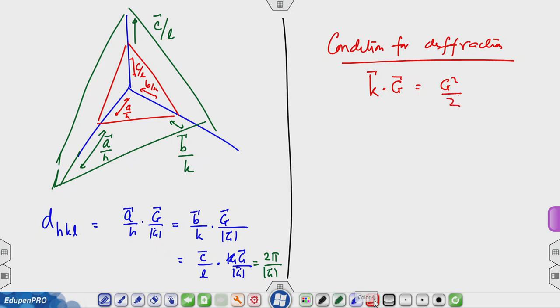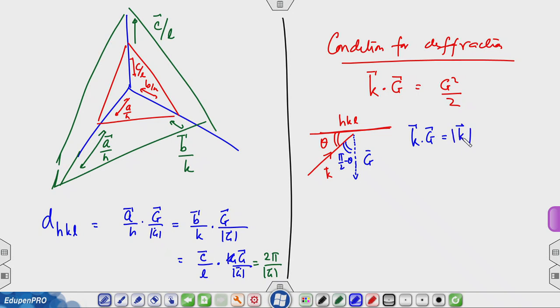If I am looking at a plane and k is at an angle theta from that plane, so this is my HKL plane, then G is perpendicular to it. This is pi by 2 minus theta, and therefore, k dot G is equal to mod k mod G sine of theta.